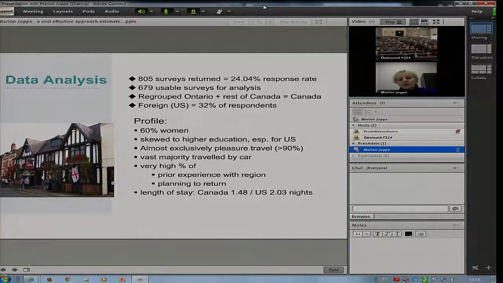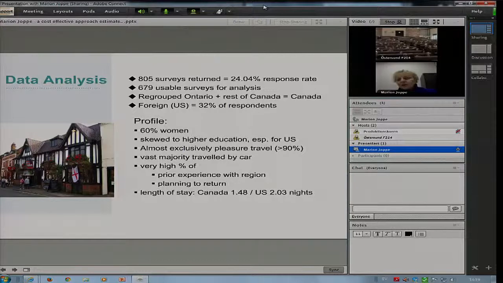But we did have to regroup Ontario with the rest of Canada because rest of Canada was too small. And so we called this Canada, and then foreign, which was largely US, was the remainder. And as you can see, a third of the respondents came from outside of Canada, which is a very high percentage for a rural area.